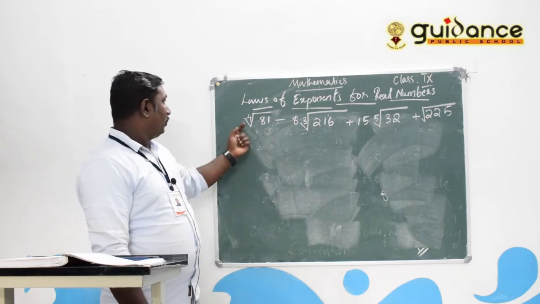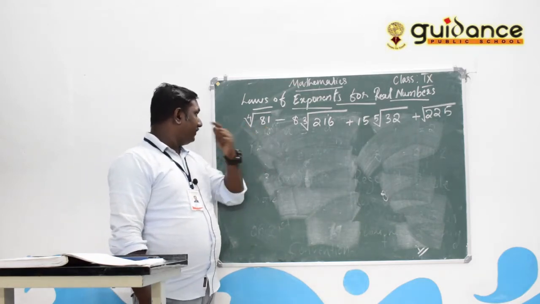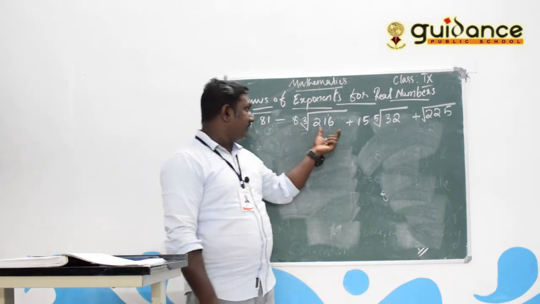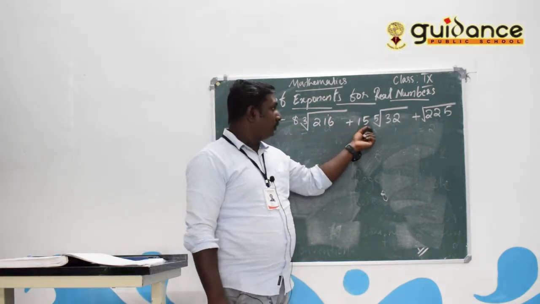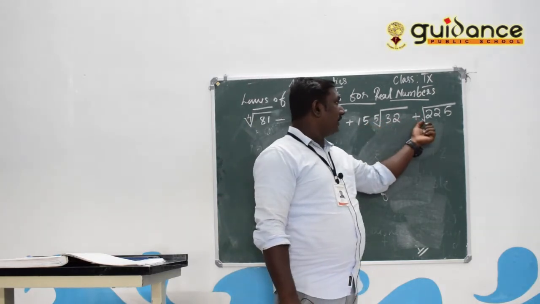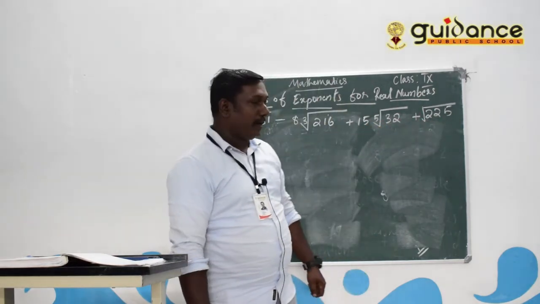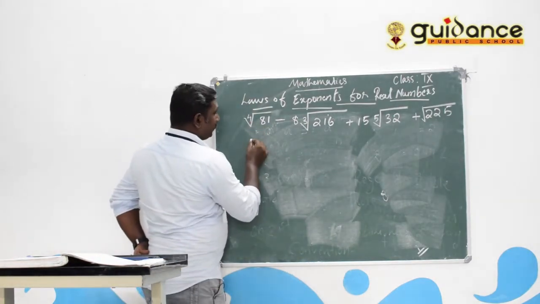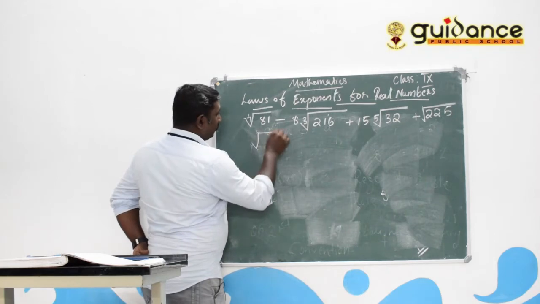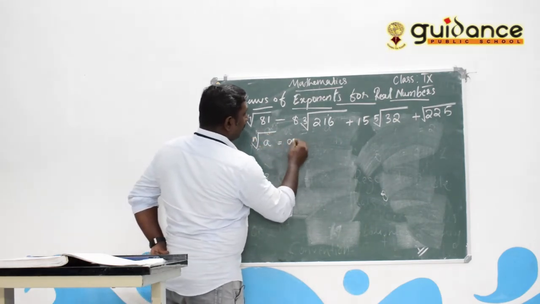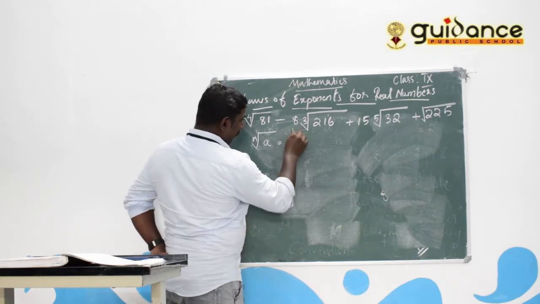Look here: 4th root of 81 minus 8 into cube root of 216 plus 15 into 5th root of 32 plus square root of 225. According to our equation, the n-th root of a is equal to a raised to 1 by n.